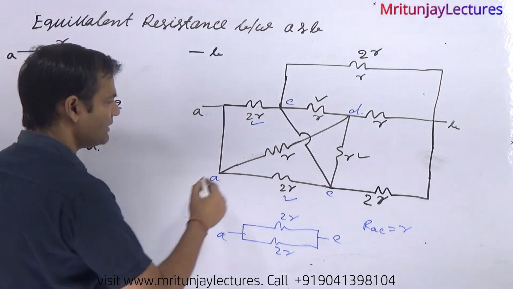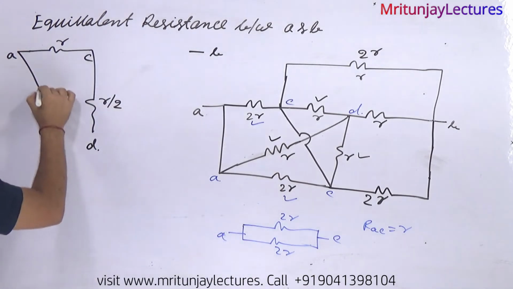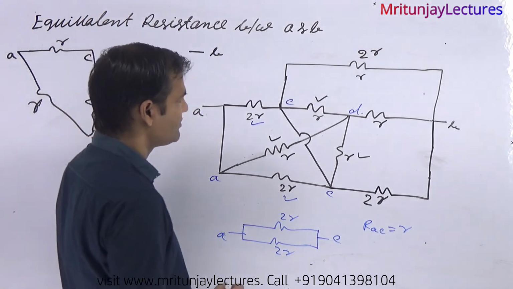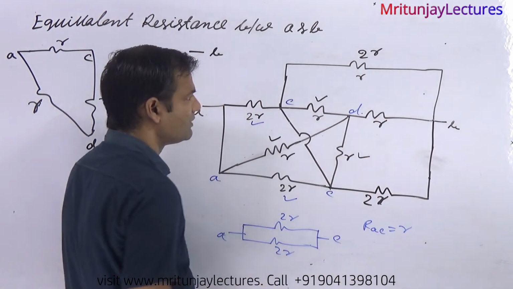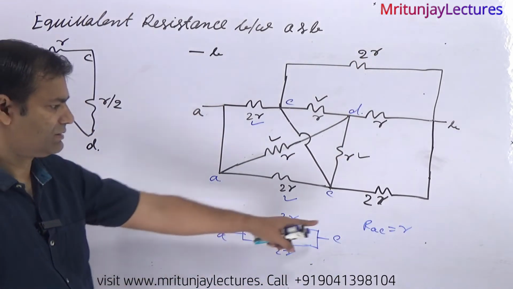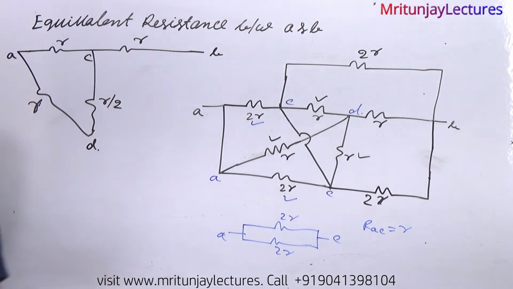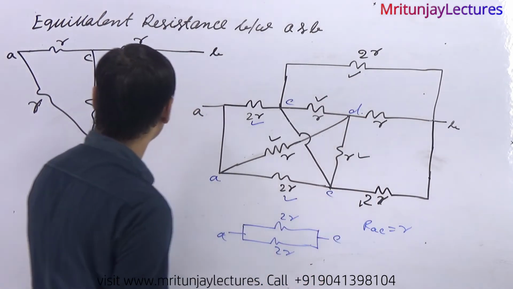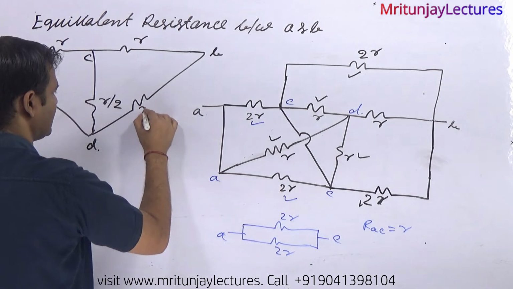Now next one, A to D, is simply R. So make R. Now next one, C to B: 2R and 2R in parallel, that is R. So C to B is R. Now the last one, D to B. D to B is R. So that is R.